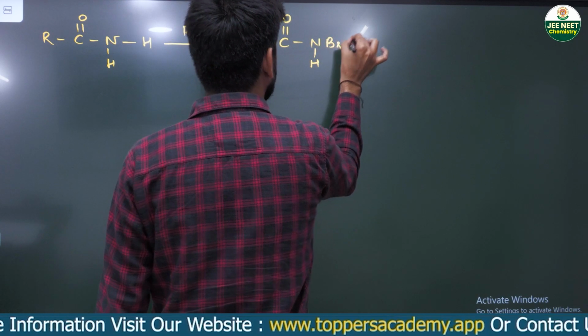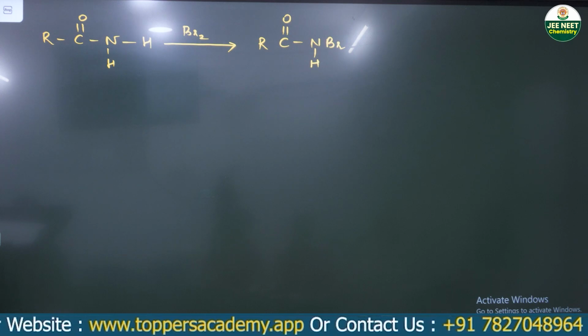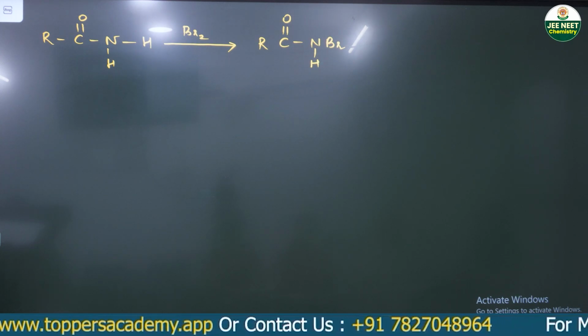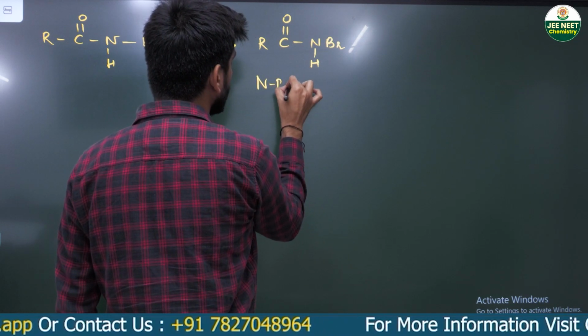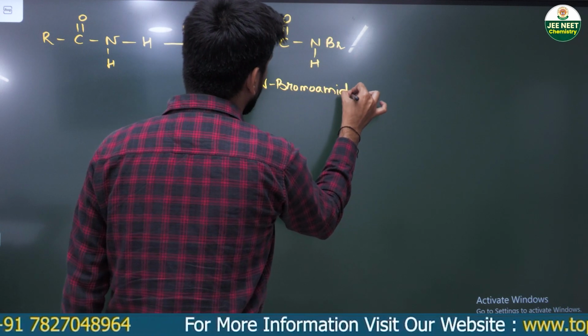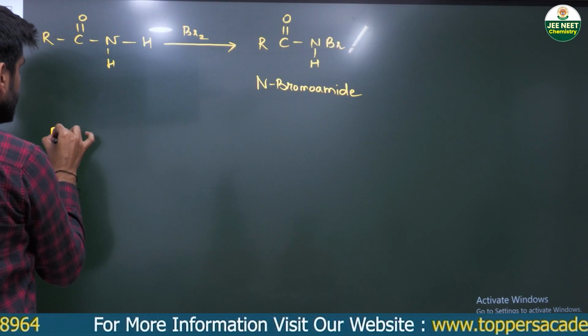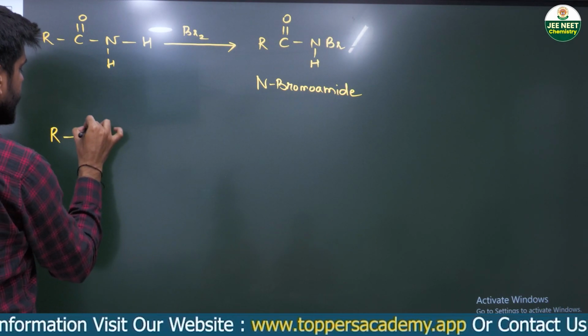This is the first step. Tell me this is clear. This is N-bromoamide. What will happen in the next step? Please remember the second H is not replaced by bromine.